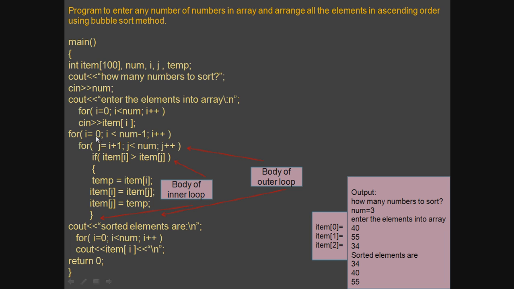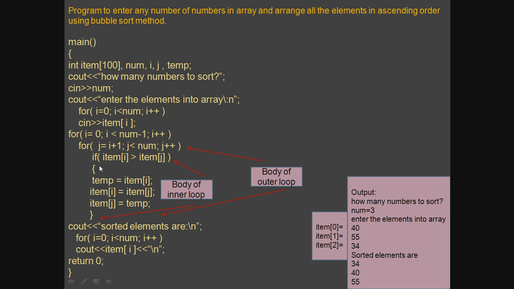So we have to compare the array element stored in index 0 with index 1, like that, right? For that reason j is given as i plus 1, which is 0 plus 1, 1, because if we assign j equals 0, then we are comparing item 0 with item 0 only, right? That's why j is given as 1. So 1 is less than 3, right?